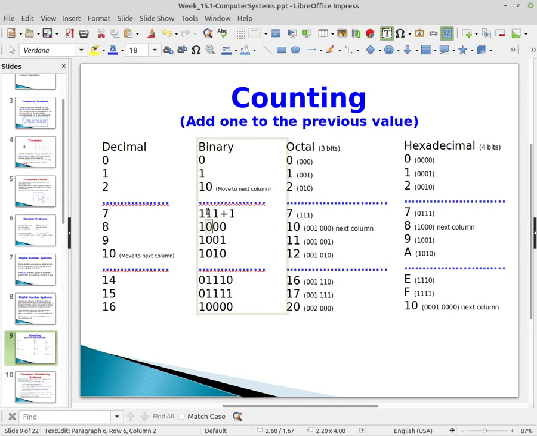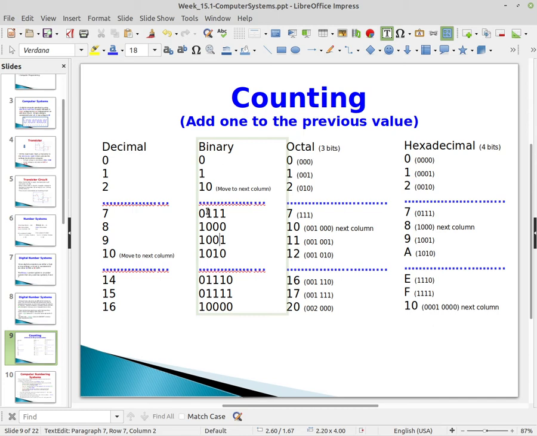So again, we have a 0. Now this is the 1's column right here. This is the 2's column. This is the 4's column. And this one would actually be the 8's column. And so we would have to add that extra character. Then when we went up to 9, we would just add one more in there.